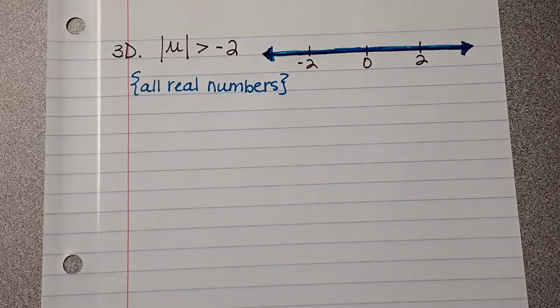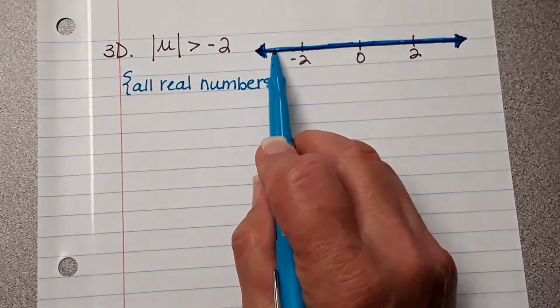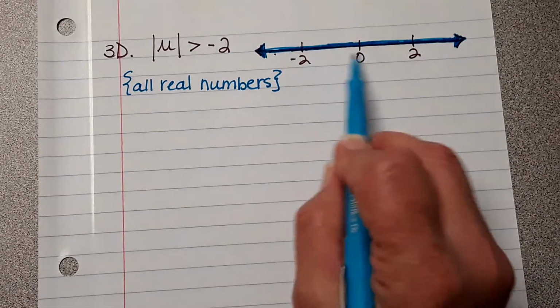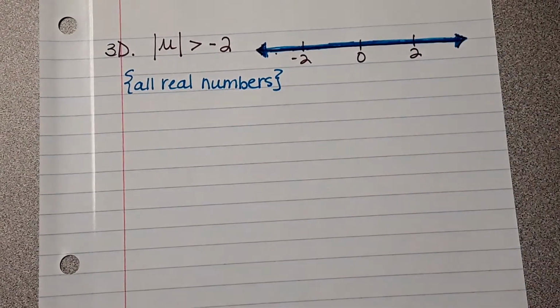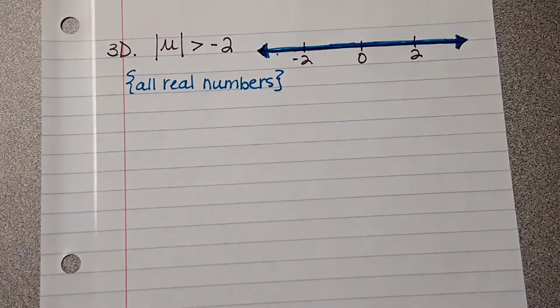Yeah. Let's test another one out. 7. Is the absolute value of 7 greater than -2? Yes. So I tested a number on this side, I tested a number here, and I tested a number on this side, which make them all true. So every part of the number line is true, hence why it's all real numbers.